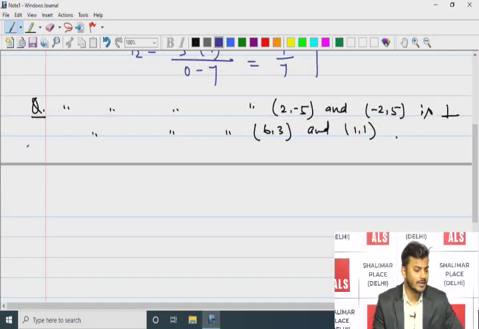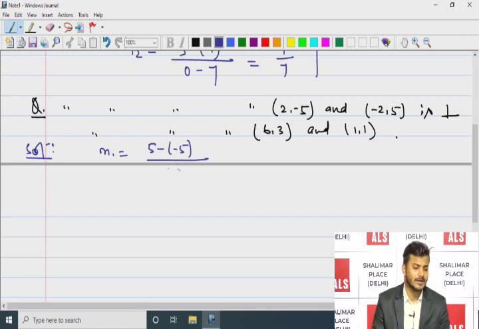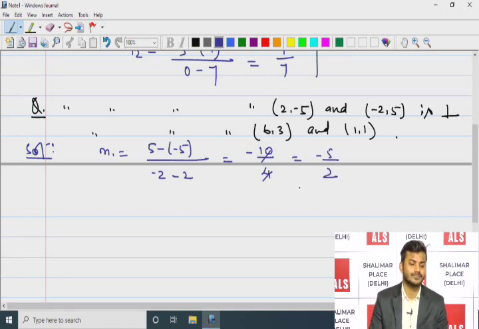Let's find out what is m1. Using the initial 2 points, that will be 5 minus of minus 5, divided by minus 2 minus 2. So we get 10 divided by minus 4, which is minus 5 by 2. Right? This is minus 5 by 2, one slope. Let's find out the m2 value. m2 is 1 minus 3 divided by 1 minus 6.